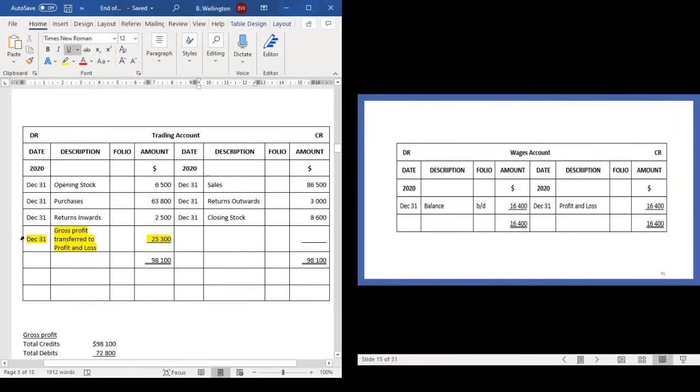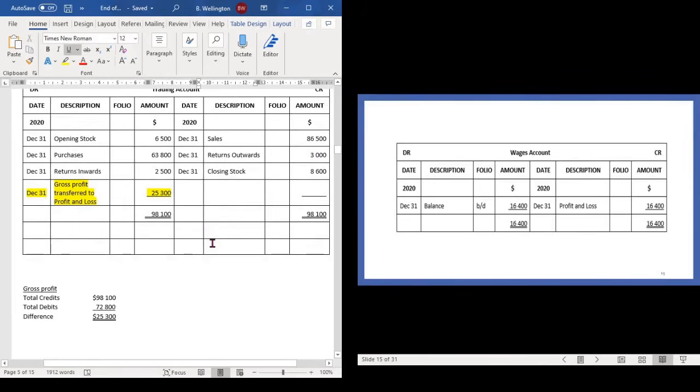Okay, so before we balanced it, we had these entries on the debit side, the opening stock, the purchases, and the returns inwards. And on the credit side of the trading account, we had the sales, the returns outwards, and the closing stock. Now to balance the account, remember, you add up both sides, and when we added it, the total on the credit side was greater.